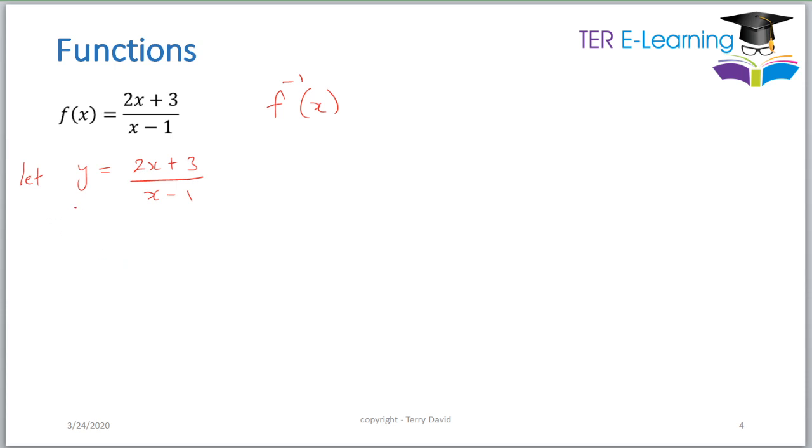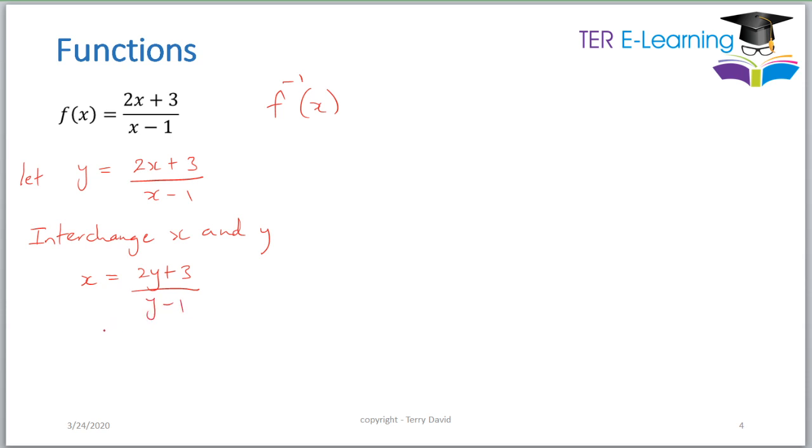The second step, like I said last week, was to interchange x and y. Now what that means is that anywhere I see x, I'm going to put y, and anywhere I see y, I'm going to put x. So therefore the expression is going to become x is equal to 2y plus 3 all over y minus 1.